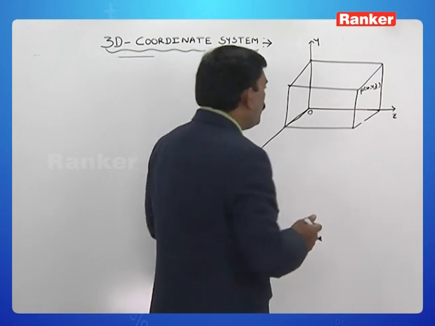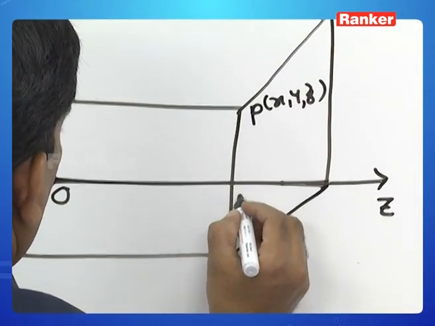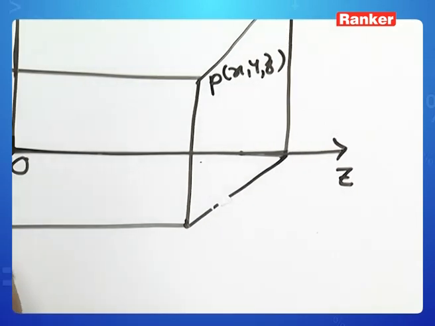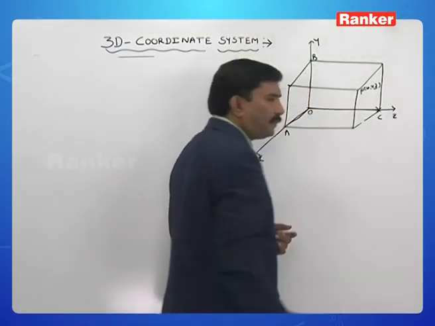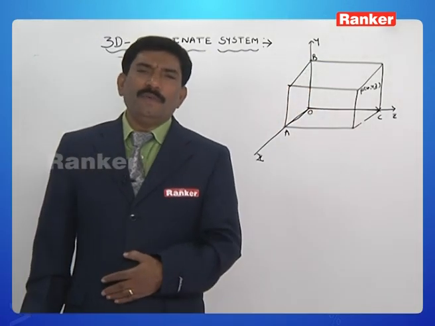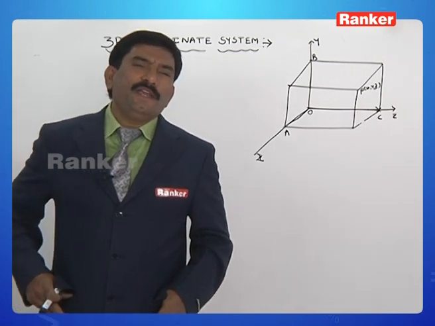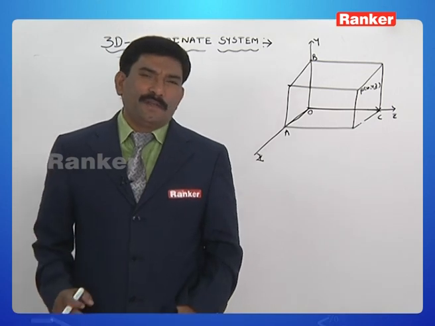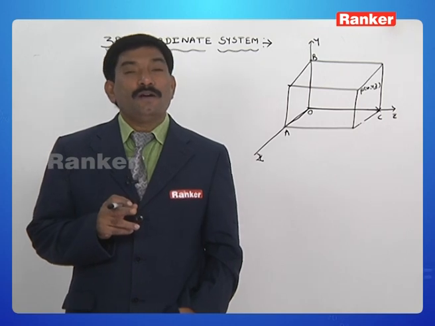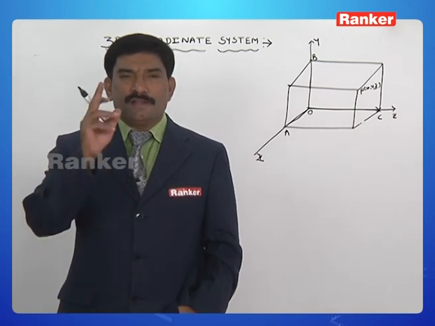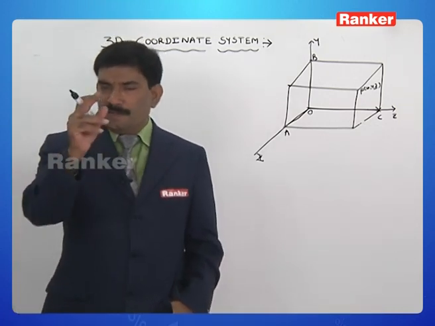Now if I take this point like this, A, B, C. What are A, B, C? Capital A, B, C are the feet of the perpendiculars from the point P of x comma y comma z on the x, y and z axis respectively.